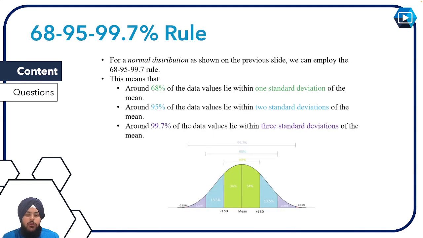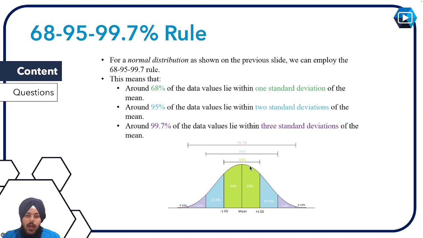Next, what we can use is the 68-95-99.7% rule. For a normal distribution, as shown in the previous slide, we can estimate what percentage of our data values will lie in certain regions. Let's say we have data that resembles a normal distribution, and we're trying to work out how much of our data will lie one standard deviation either side of the mean.